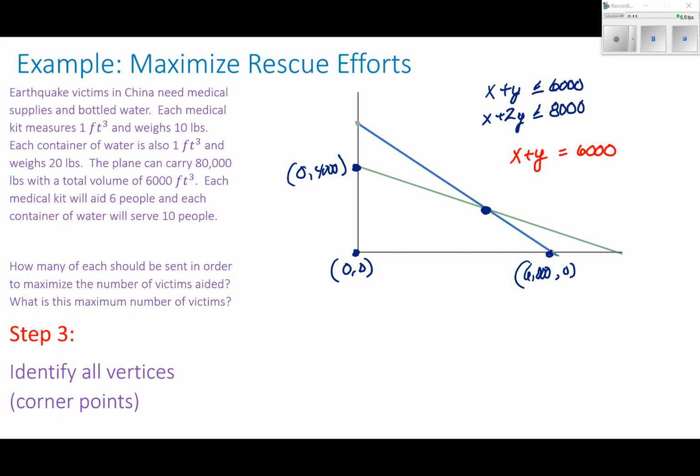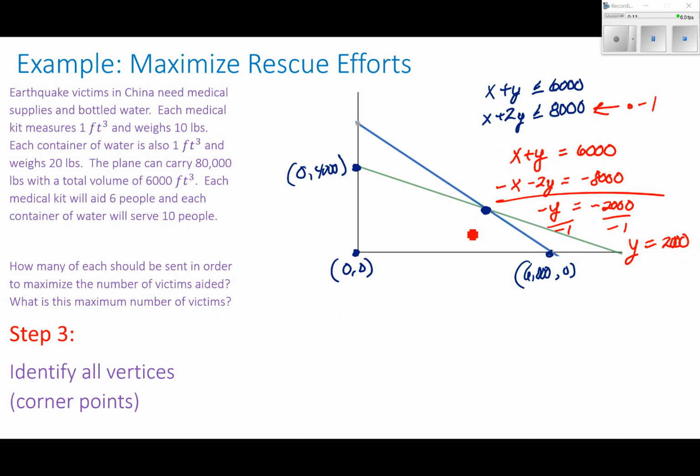I want to add to eliminate, so I'm going to multiply this by negative 1. So this now becomes negative x minus 2y is equal to negative 8,000. Add to eliminate, and negative y is going to be equal to negative 2,000. If I divide by negative 1, divide by negative 1, I'll say y equals 2,000.